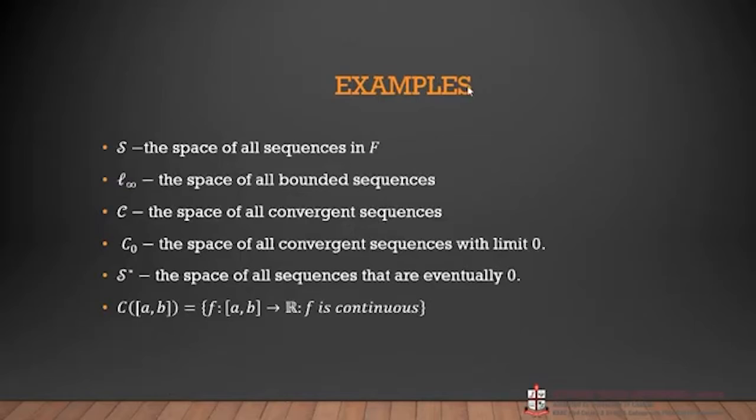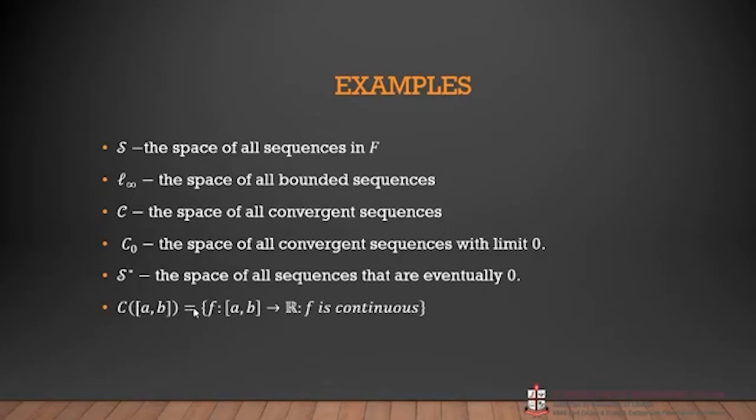Now, you have come across several examples of linear spaces, and these are some examples. I am denoting the space of all sequences in F as S, the space of all bounded sequences in F as L infinity, the space of all convergent sequences as c, the space of all convergent sequences with limit 0 as c naught, and the space of all sequences that are eventually 0, meaning after a particular stage every element of the sequence is 0, we will denote it by S star.